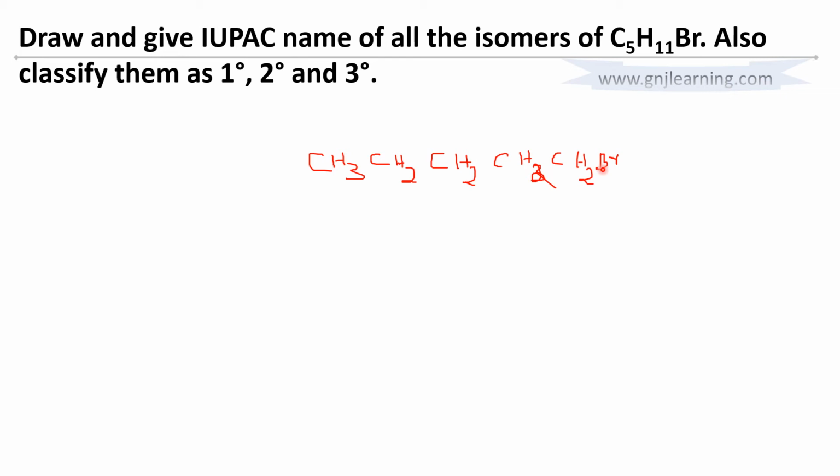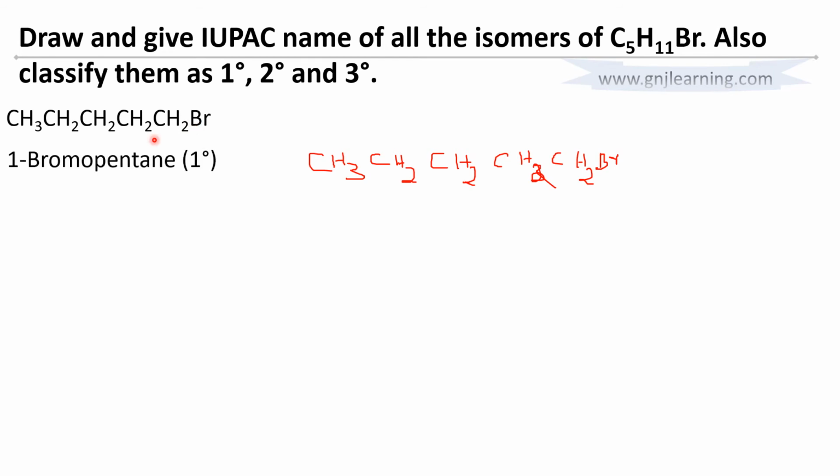So when Br comes here, CH3 will turn into CH2. The parent alkane is pentane and bromine is attached to the first carbon. So 1-bromopentane. Yes, we have the same structure here. And if you are looking at the degree, bromine is attached to a primary carbon atom.